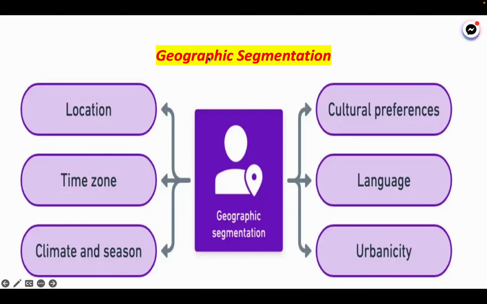The second thing is geographical segmentation. In that we should consider the location, time zone, climate and season, cultural preferences, languages, and urban or city areas. Let me give you a small example. If I want to make a petrol station, a petrol pump, I would consider a location near a highway.